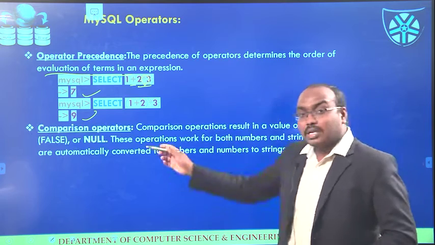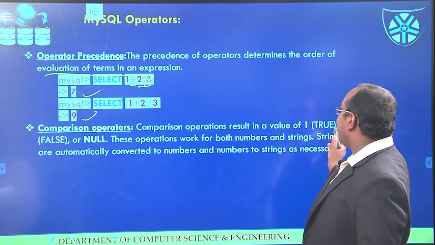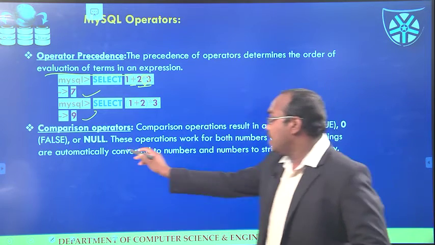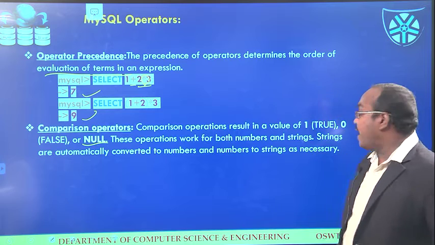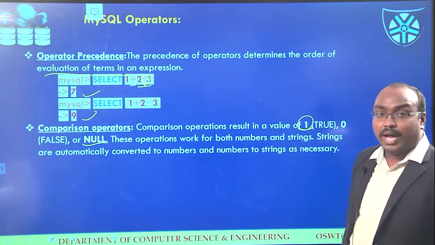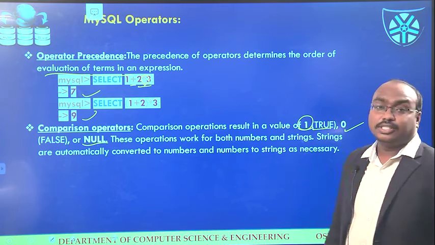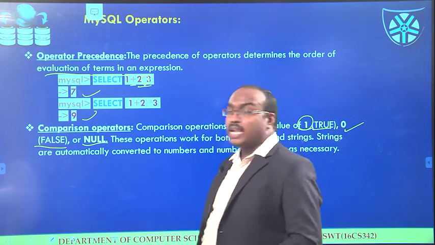And the next one, comparison operators. Comparison operators result in a value of true, false or null. So here the comparison operator will return three values. The first value is 1, which is nothing but the true value, the second value is 0, which is nothing but false, and the third value is the null value.